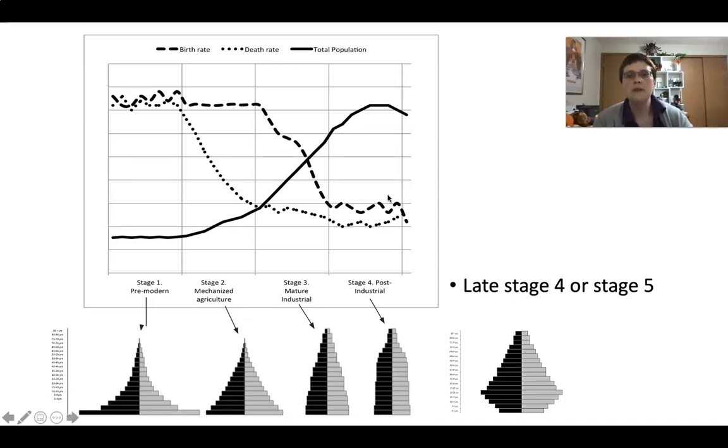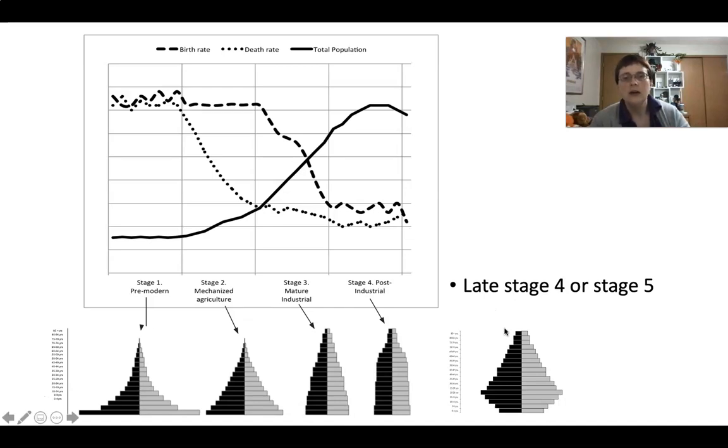And so the population starts to slow down in its growth, steady out, and then eventually it can even decrease. And this is because the birth rate starts to drop. If you go below replacement level, if you go below that 2.1 fertility level, then you're going to start to have a decrease in the population.